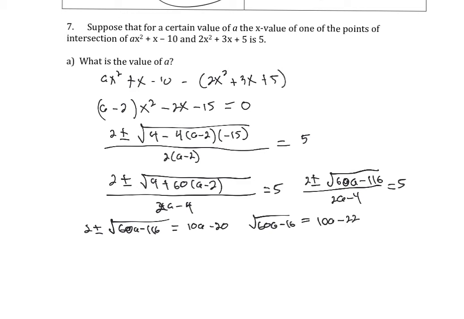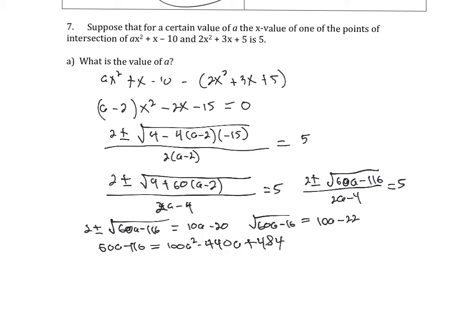Now we're going to square both sides. Sorry, this should have an a in it. Oh, it does have an a. Okay, we're going to square both sides to get that 60a minus 116 is equal to this thing squared, 10a minus 22, which is 100a squared minus 440a plus 484.